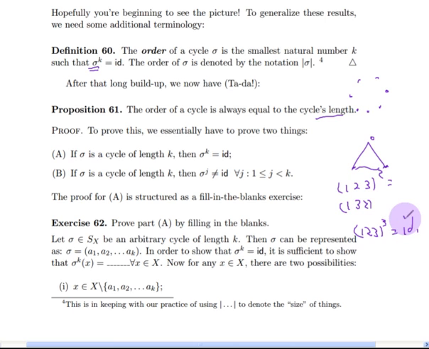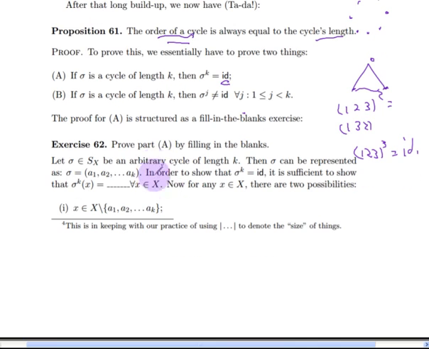Okay, so it really does make sense that the order of a cycle is equal to the length of the cycle. If I raise a cycle to a power equal to the length of that cycle, then I get the identity back again. And here's a formal algebraic proof for you to fill out.